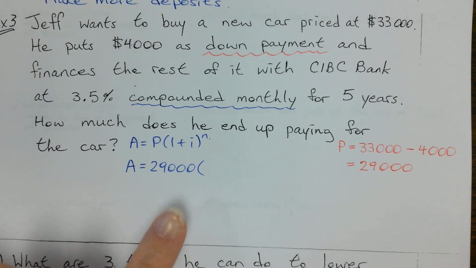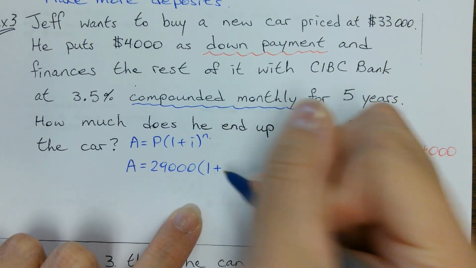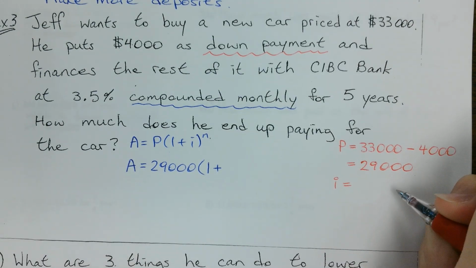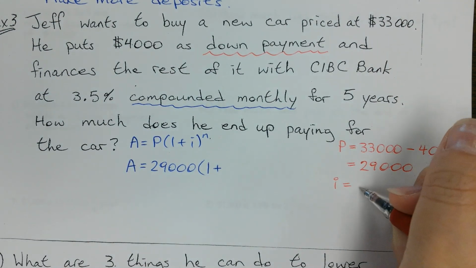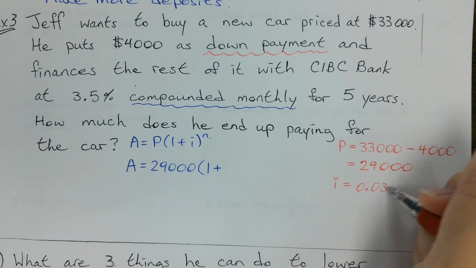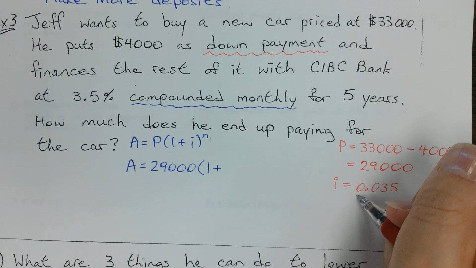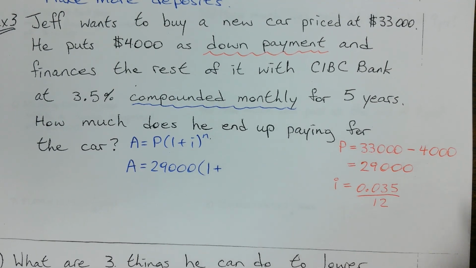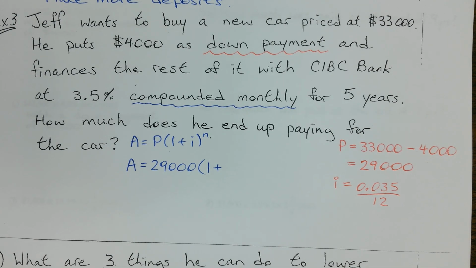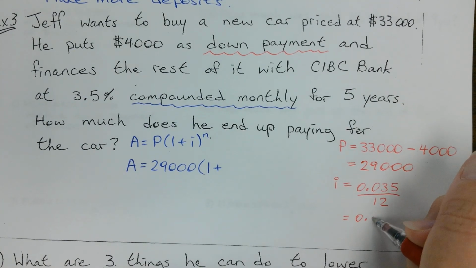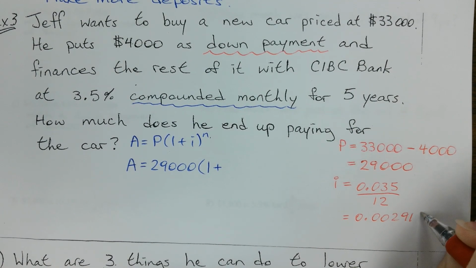Okay, and then 1 plus i. What is the interest rate? 0.035 because it's compounded monthly, divided by 12. So 0.035 divided by 12, you get 0.002916.